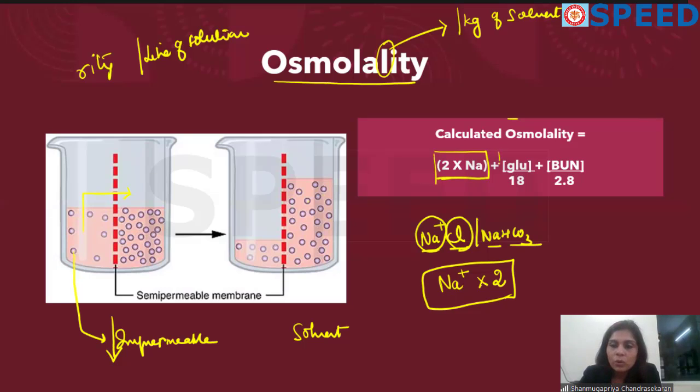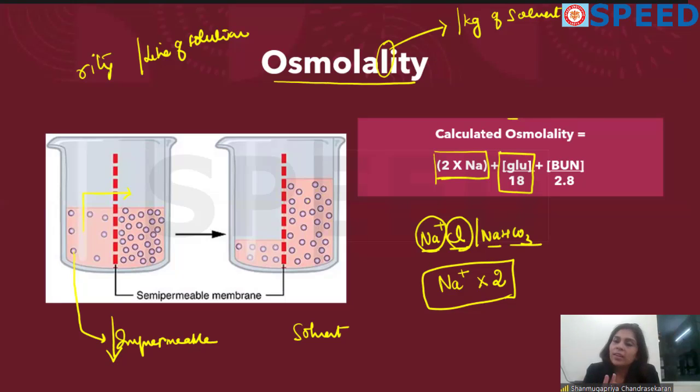Now why is it glucose by 18? It is because you want the number of glucose molecules present in the circulation, not the weight of glucose. Whenever you measure glucose concentration in your blood, it is expressed as milligram per deciliter. You don't want the weight, but you want the number.